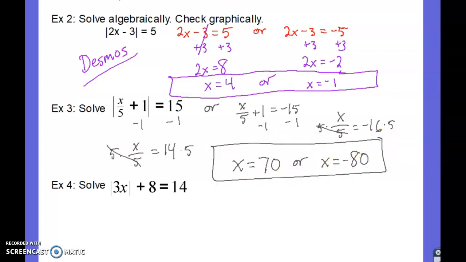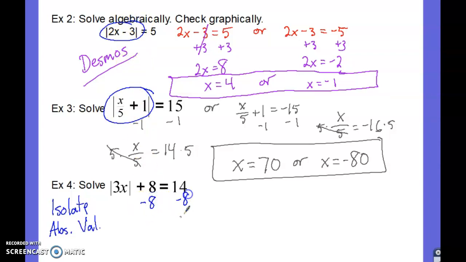All right. And then the next one, just to add a little bit more work to it, I tell my students to isolate the absolute value. So you don't want to change the sign until the absolute value is the only thing on one side of the equation. And it was on exercise 2 and 3. So you have one step to do before doing what I mentioned before. The absolute value of 3x is equal to 6 now.